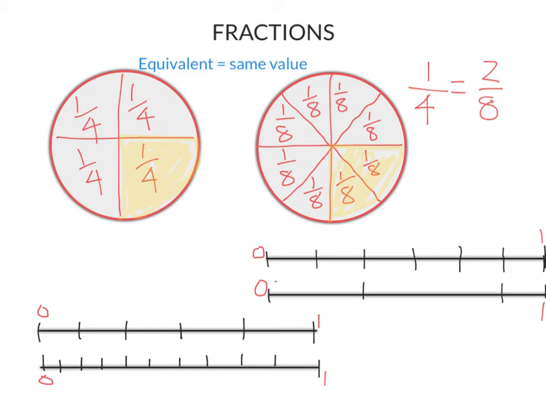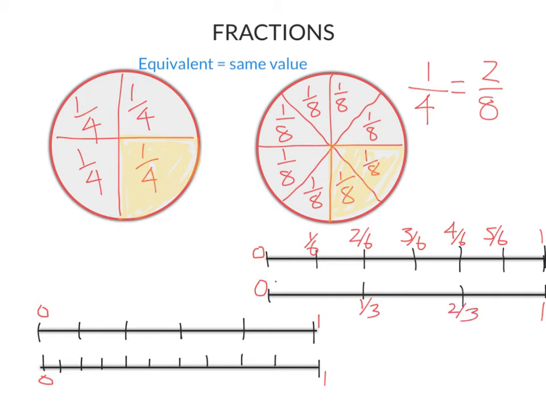And we can also see that on the number line. So here I have a number line between 0 and 1. If I have 5 divisions here, I'm actually dividing it into sixths. So this would be 1/6, 2/6, and so on. Now, if I have 2 divisions between 0 and 1, I'm actually dividing it into thirds. So this would be 1/3 and 2/3.